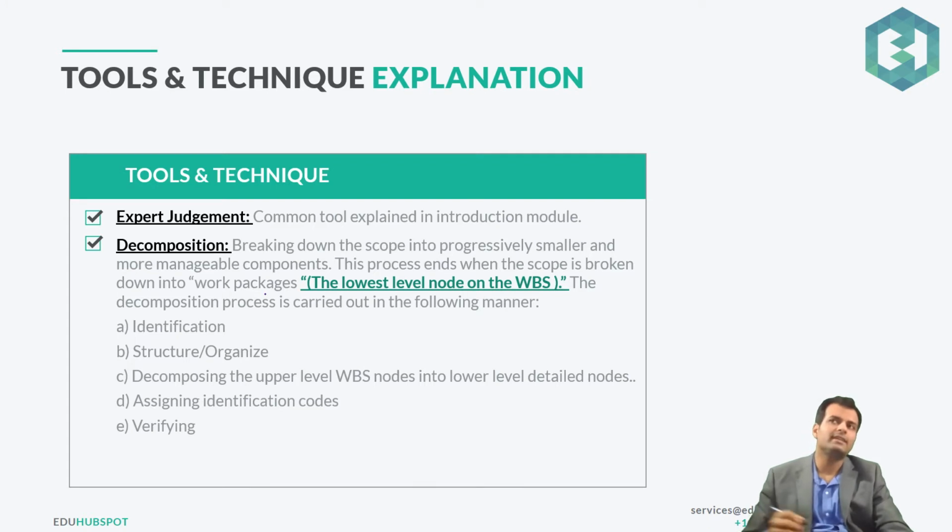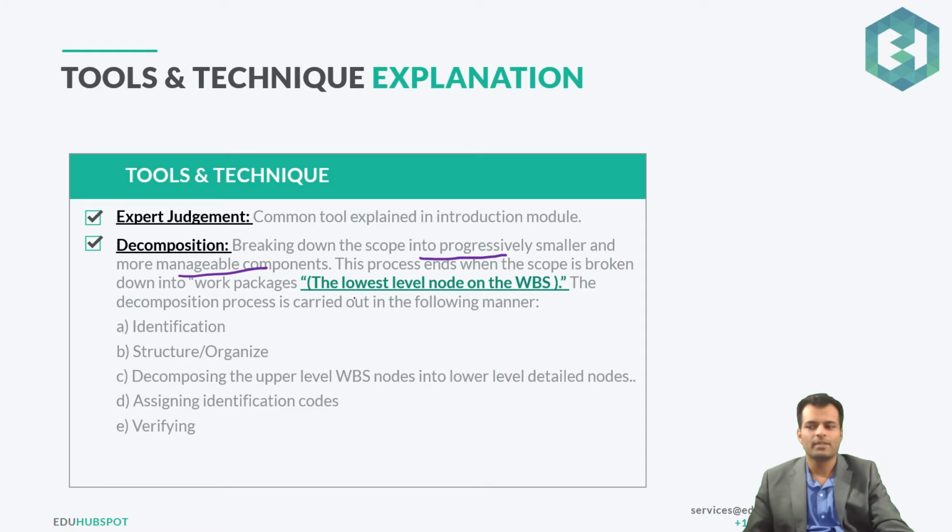Decomposition, I would say, is an important tool over here, and out of the two, expert judgment was already a common one, so this is something which is important. So let's see what is there. Breaking down the scope into progressively smaller and more manageable components. So this is the tool which helps you break down those requirements into manageable components.